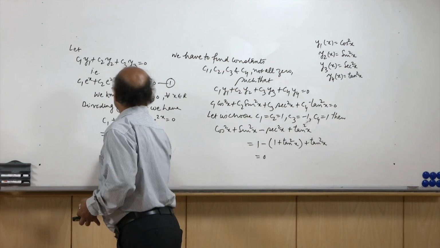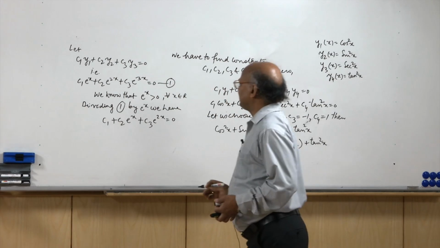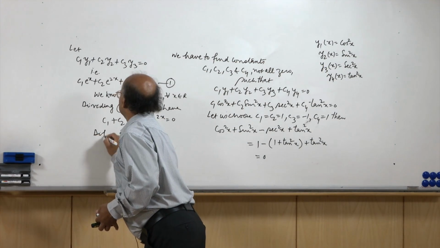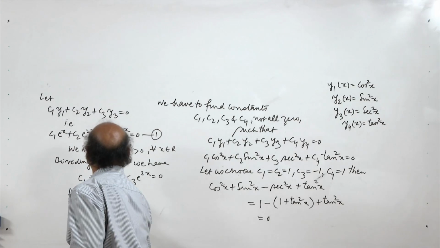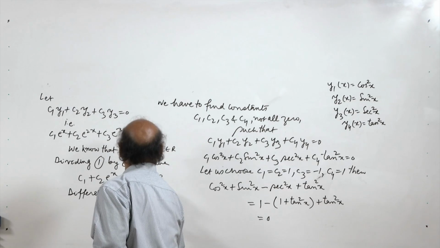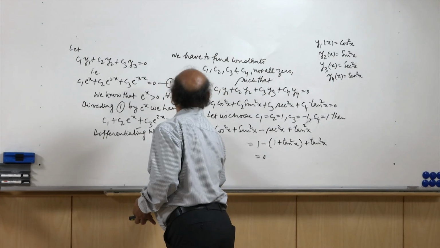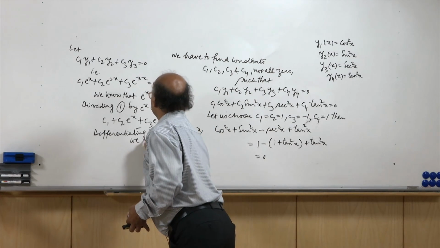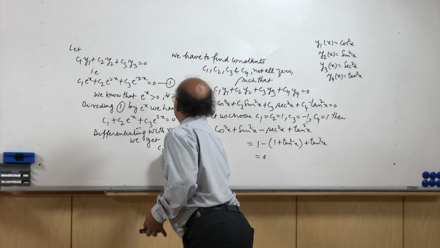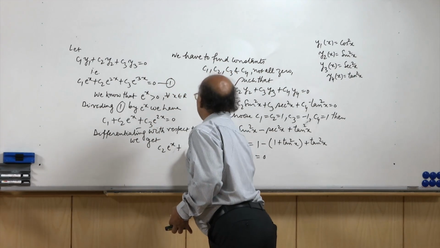Now what we will do is, let us differentiate this equation. This equation holds for every x belonging to R. So differentiating this equation with respect to x, we get 0 plus C2 e to the power x plus C3 into 2 times e to the power 2x.